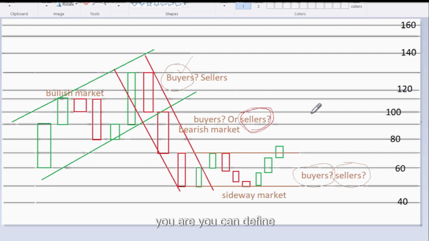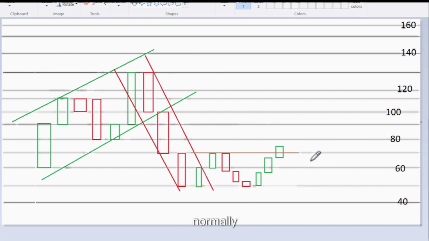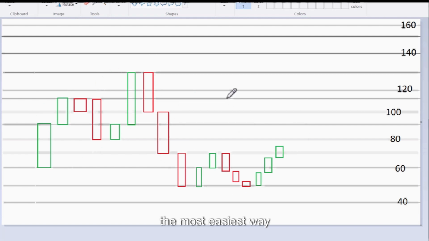So this is how you can define the trend of a market. I hope you can easily define if a market is bullish, bearish, or sideways. Normally the easiest way to decide if a market is going up or down is to draw a line.